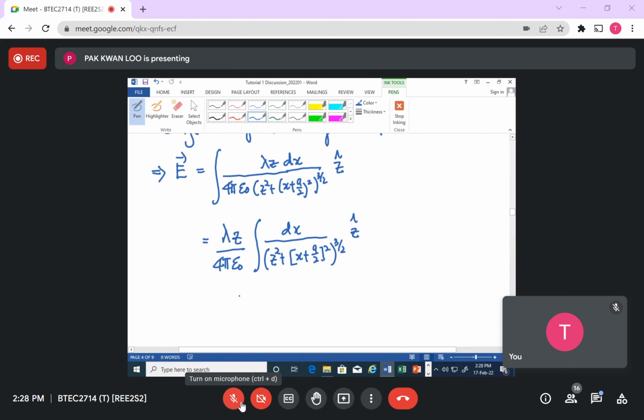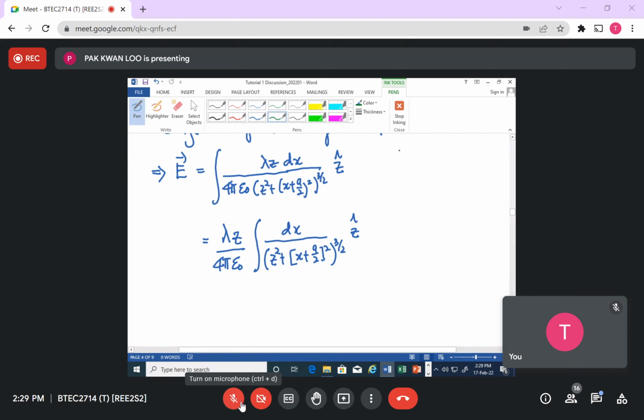So by variable substitution, what can we use?